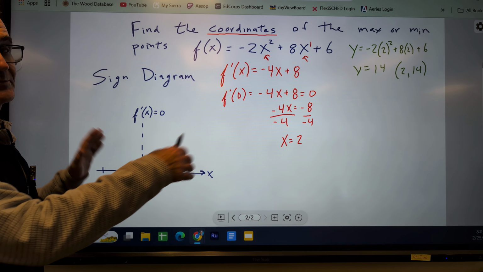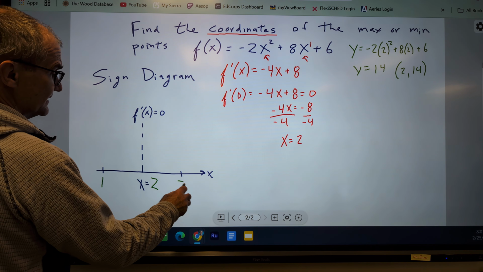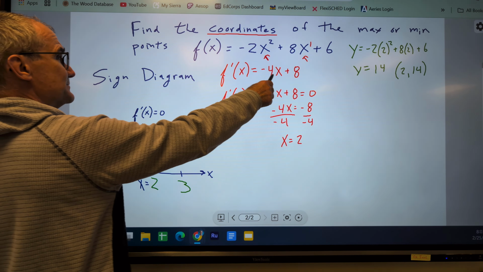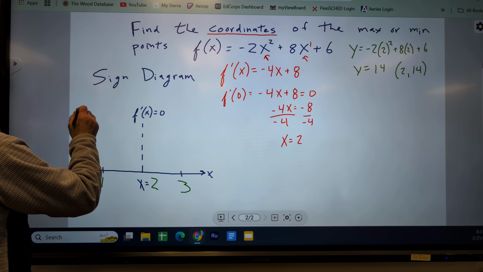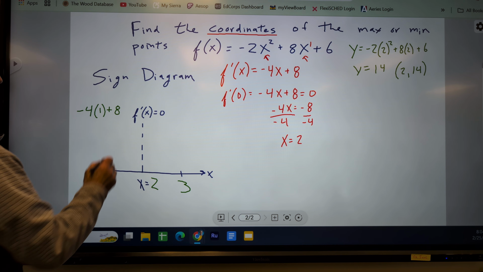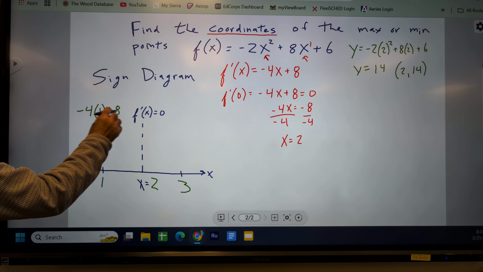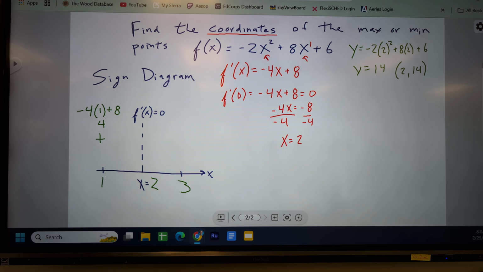I'm going to just pick 2 points on either side of that 2. Let's say a 1 and a 3. I'm going to take that 1 and plug it into my derivative to get negative 4 times 1 plus 8. I don't actually care what the number is. I just want to know positive or negative. Negative 4 plus 8 is equal to 4. It is a positive slope.